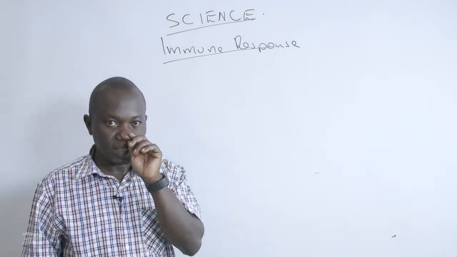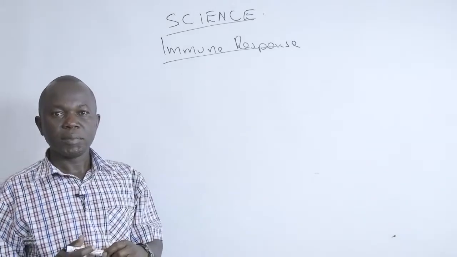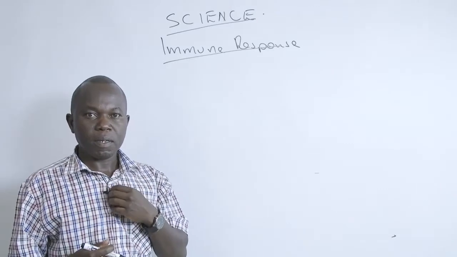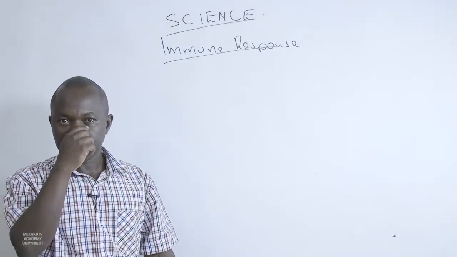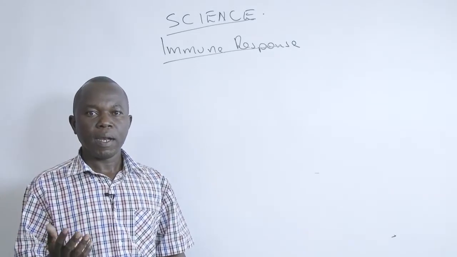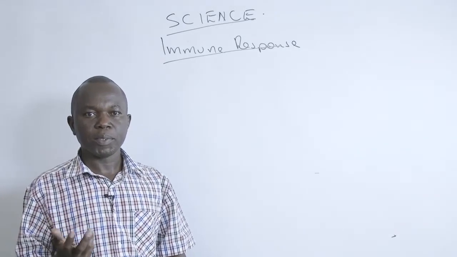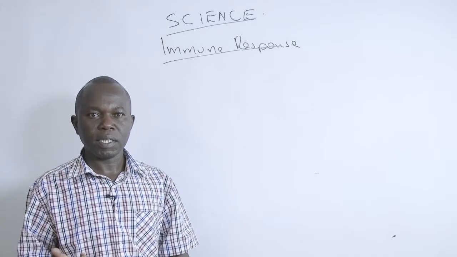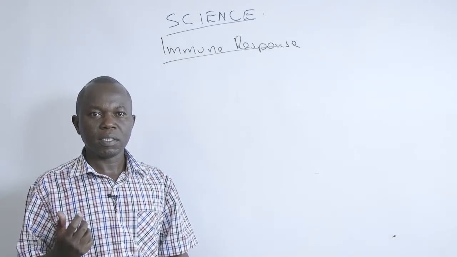And in our previous lesson, we were looking at immune response. We said that immune response is where, when an antigen is exposed to the body, it triggers some activities in the body.